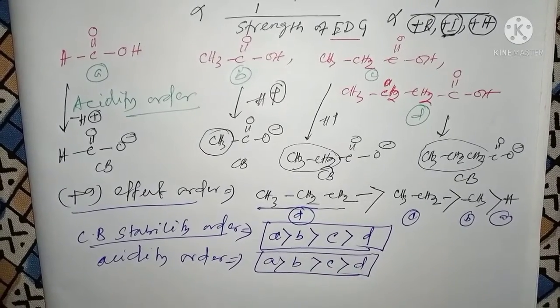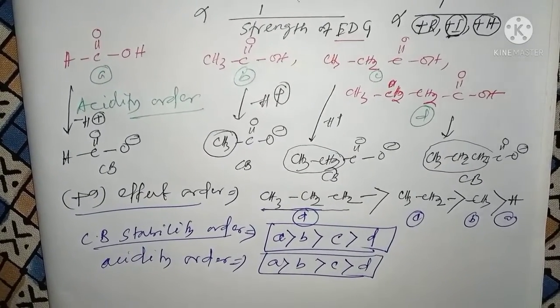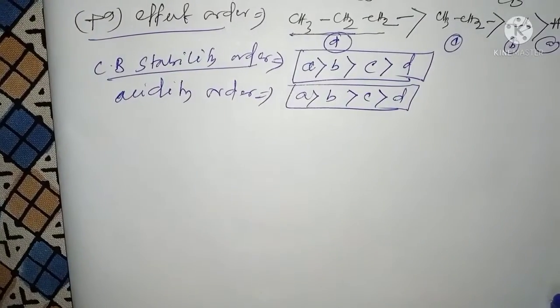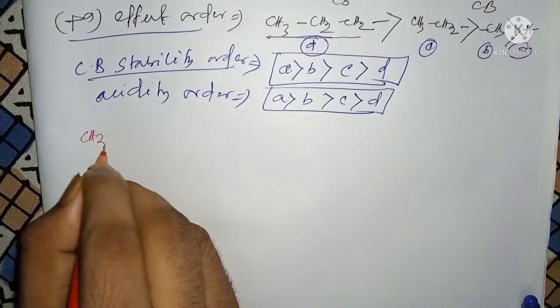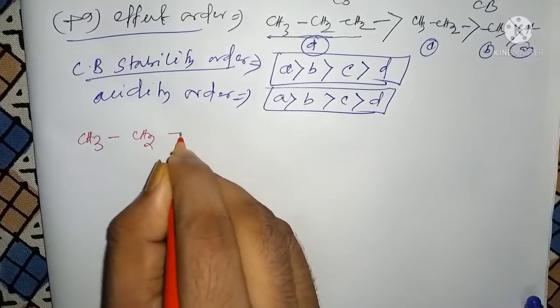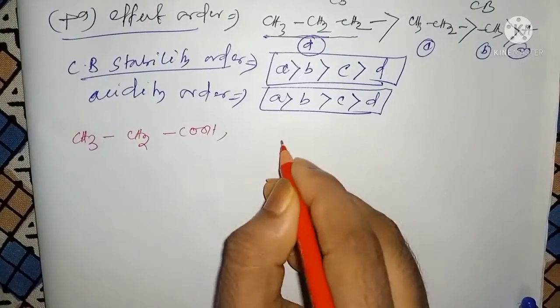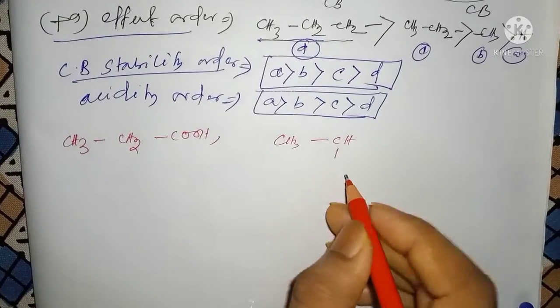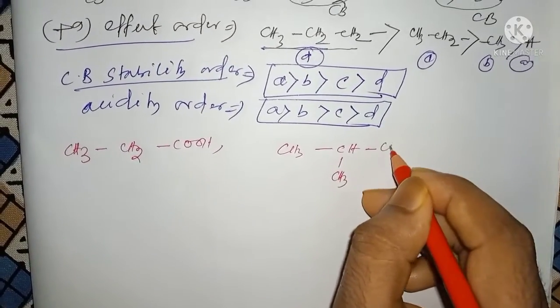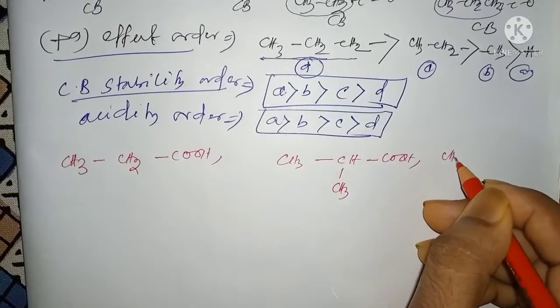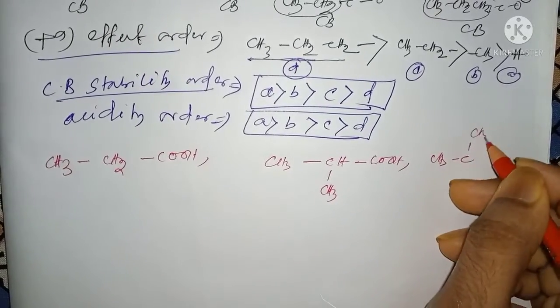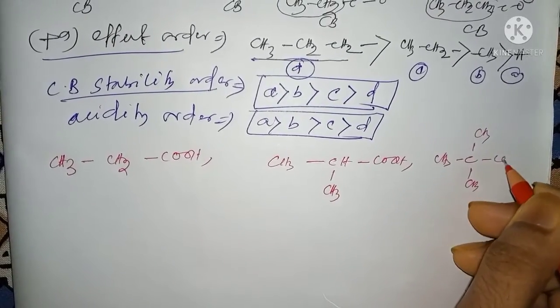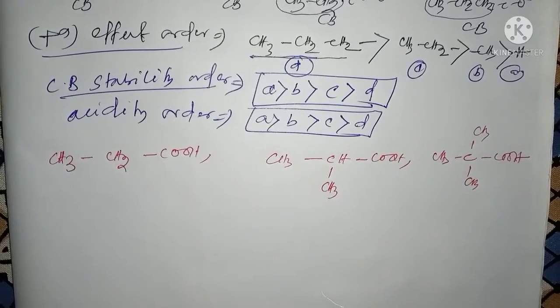Now another example. Suppose CH3CH2COOH, CH3CHCH3COOH, where one hydrogen is replaced by a CH3 group, and CH3 CH3 C COOH. Acidity order?